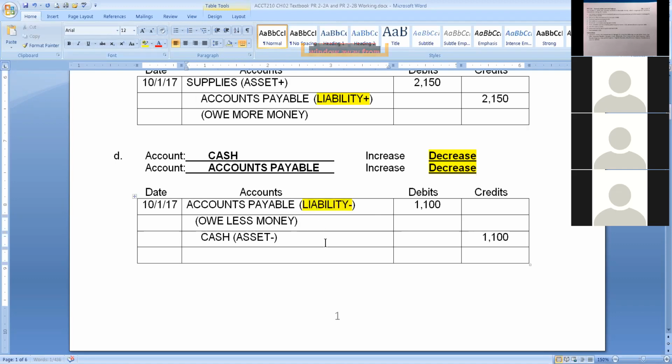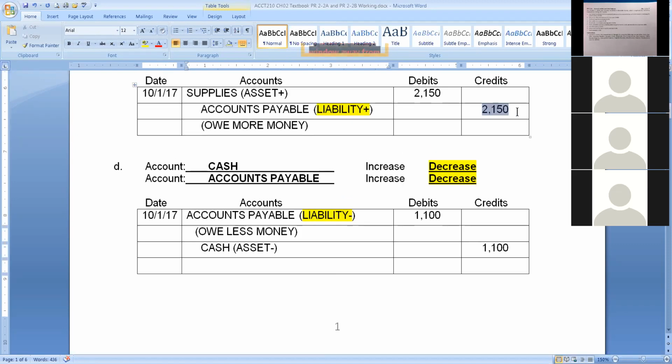The liabilities are tricky. They're tricky because we think of them just intuitively as negative, but it's sort of like they're going up when we borrow money. We borrow, and the only way they go down is when we pay them. So now we owe less money, so the liability is actually decreasing.